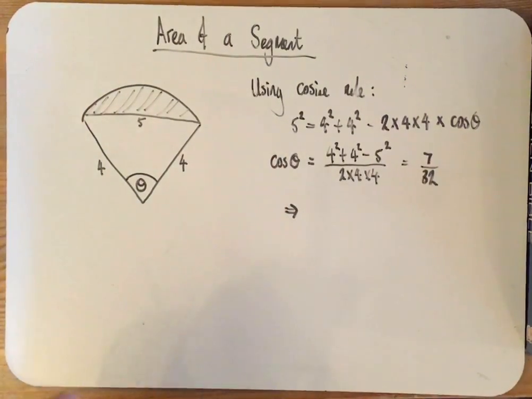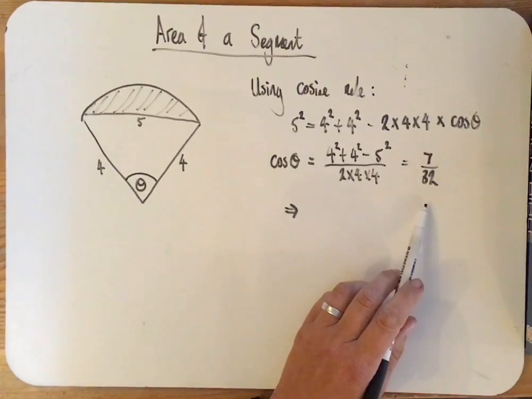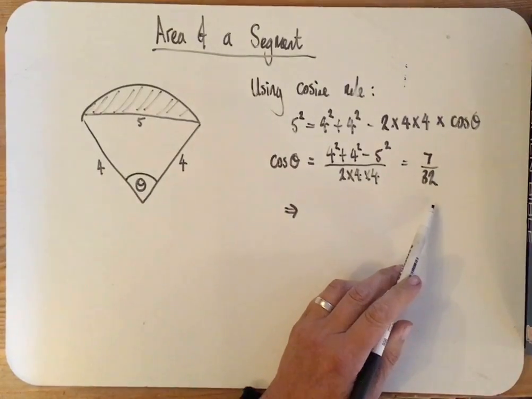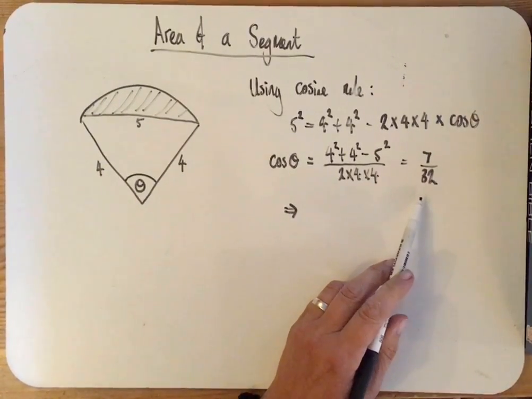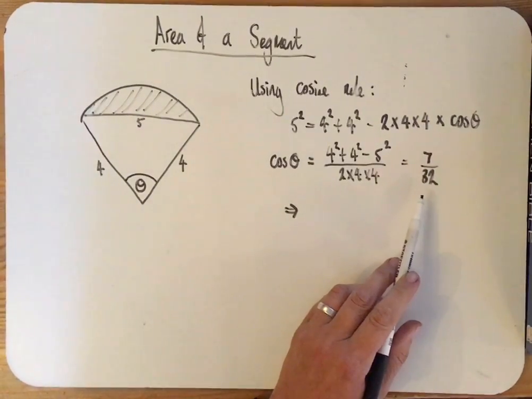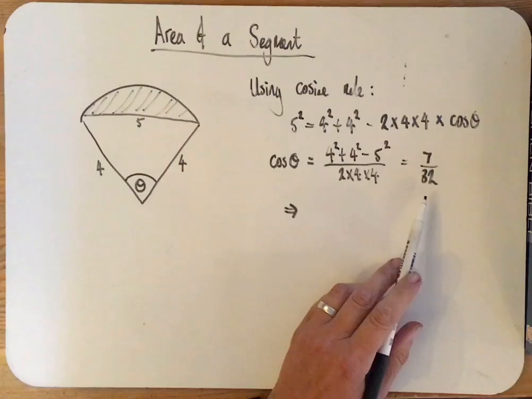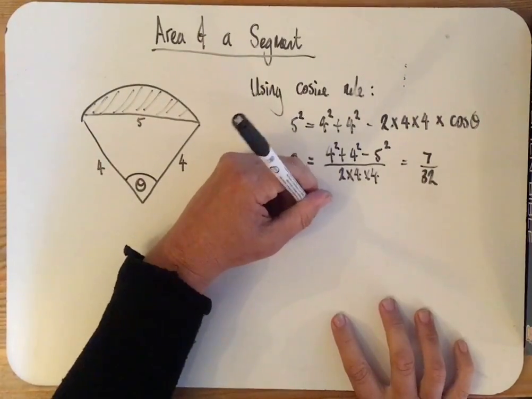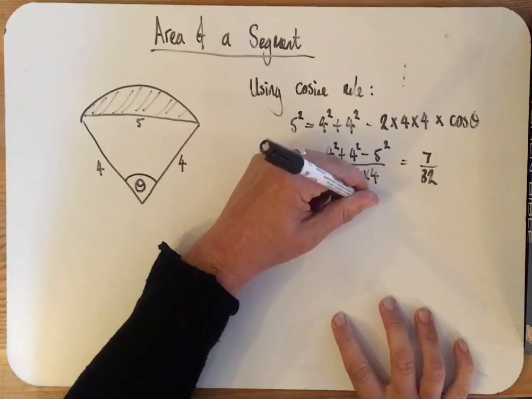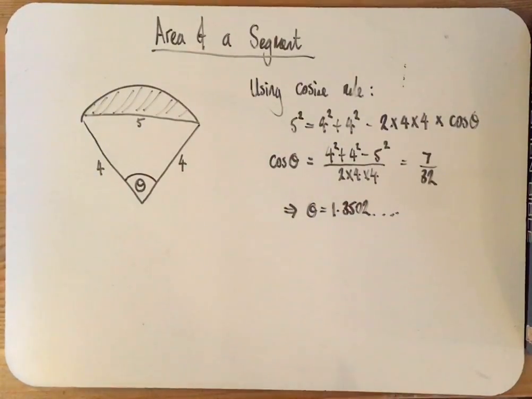So when you do shift cos of 7 over 32, you need to put your calculator in radians mode. I'm going to probably say that more than once actually, but please remember that you need an angle in radians. If you have your calculator in degrees mode, it will give you an angle in degrees. And so theta is 1.3502. I would store that to x, so you've got it nice and safe. You don't want to get a rounding error as you go through the question.